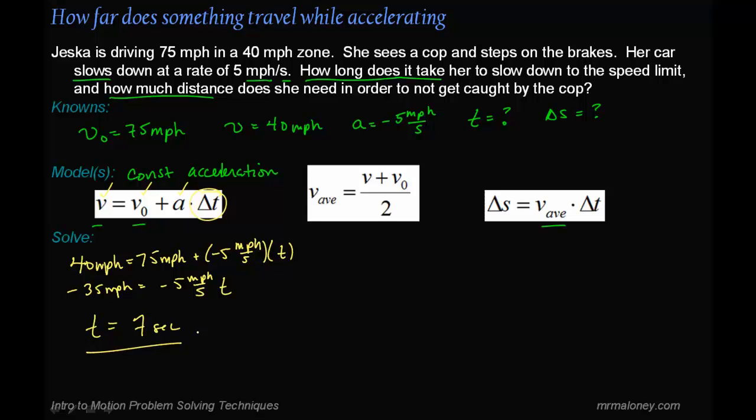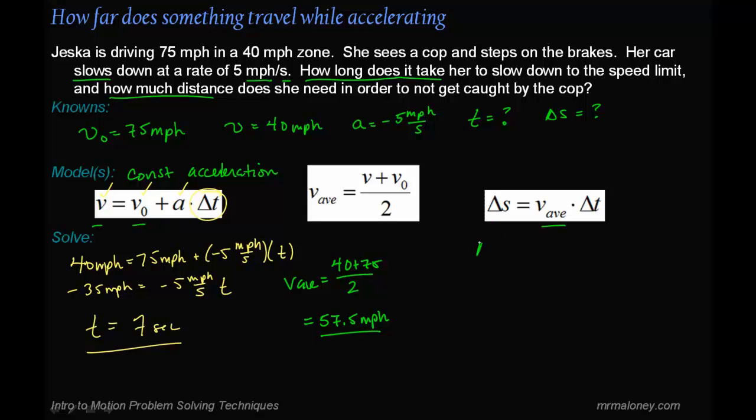Now the second part is we got to figure out the average velocity that Jessica is traveling. Her average velocity is just going to be her final plus her initial, so 40 plus 75 over 2, which equals about 57.5 miles per hour. Now the last step is just going to be to use our answers in the first two parts here to solve her final answer.